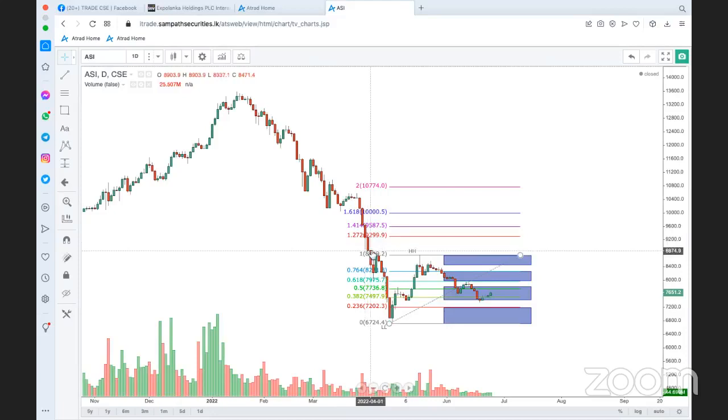You have this level, and also here you have a low. Then you have a close here in this candle, 8903. So I have the liberty, my freedom, to make use of this line up to this and look at any area in between.